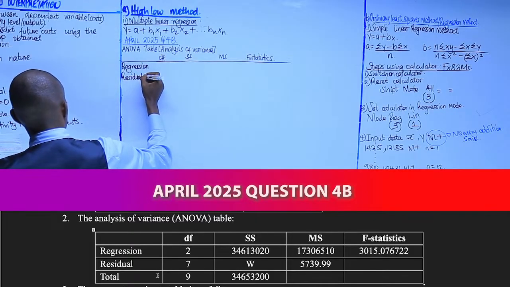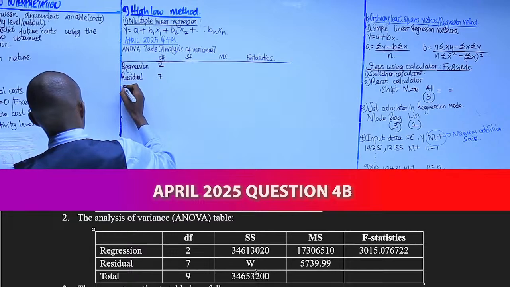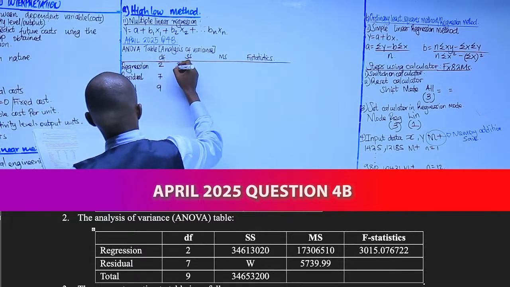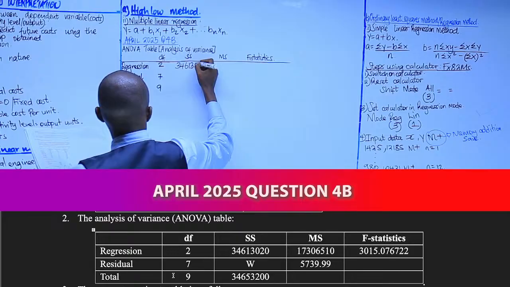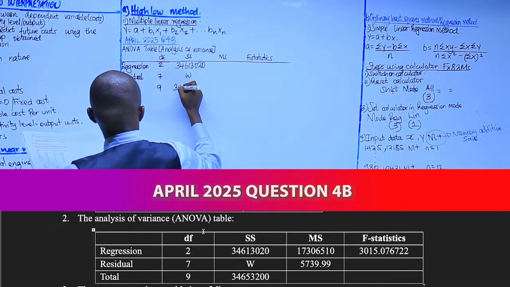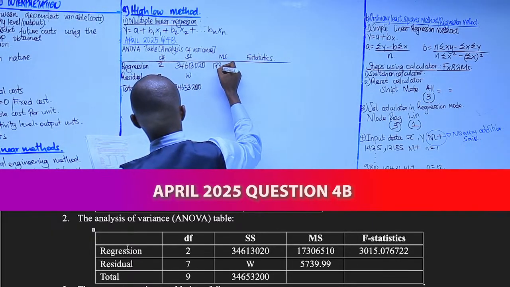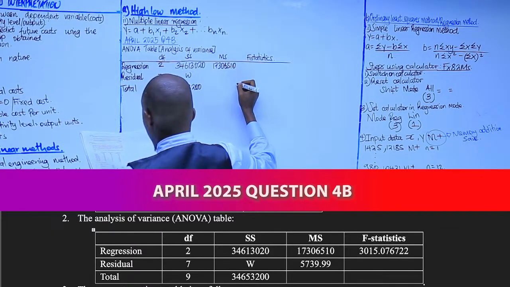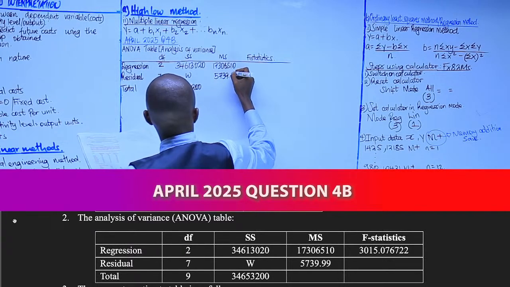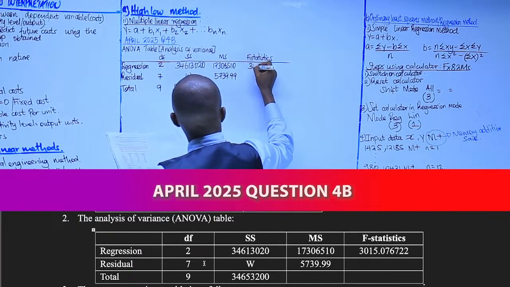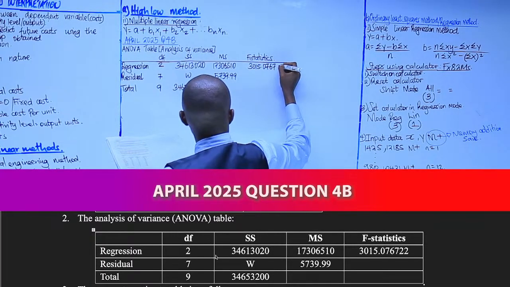Residue is also known as error. 2, 7, total is 9, 34, 6, 1, 3, 0, 2, 0, W, 34, 653, 200, 17, 30, 65, 10, 57, 39.99, 15.06, 0767, 22.